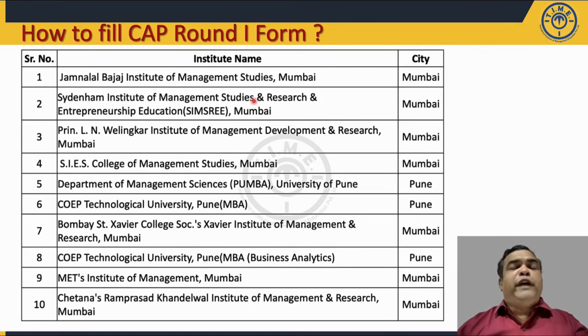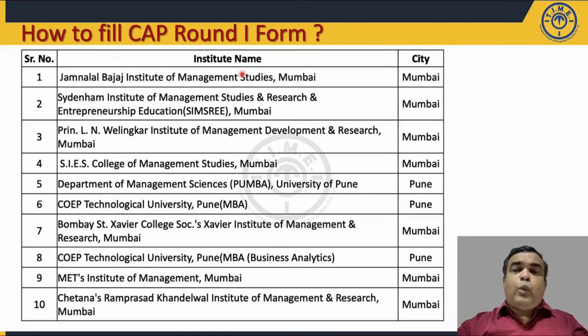Now, when you're filling the option form, let's say from the past data that at so and so percentile I might get, let's say, college number 9, MET Institute of Management. Considering my percentile score or rank, I might get admission in MET. Most people do this: they put the first choice as MET. No, that's not how you're supposed to fill the form.